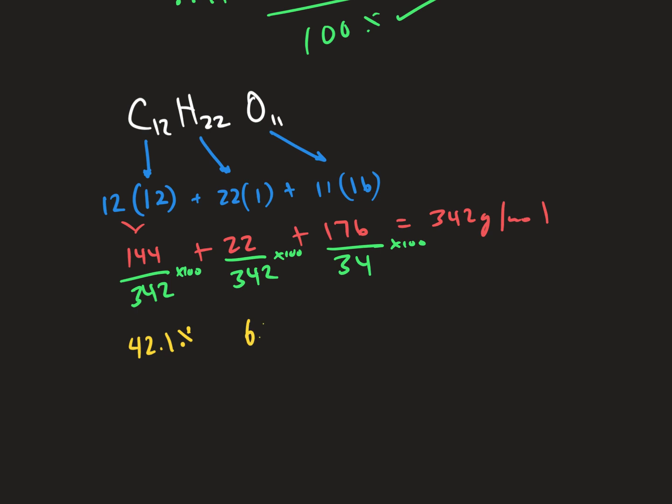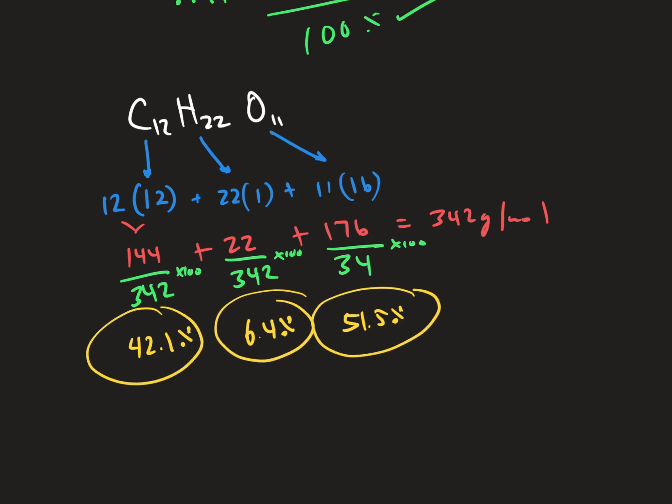Hydrogen should be 6.4%. And oxygen should be 51.5%. Add these together, do they add up to 100? They do. So show your work right from the molar mass. And it saves time-ish, right? We're good?